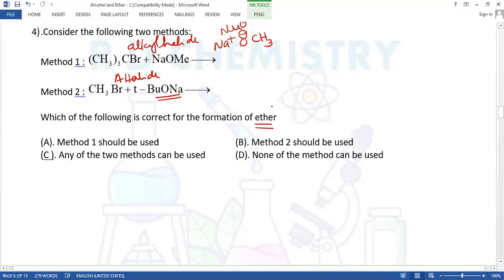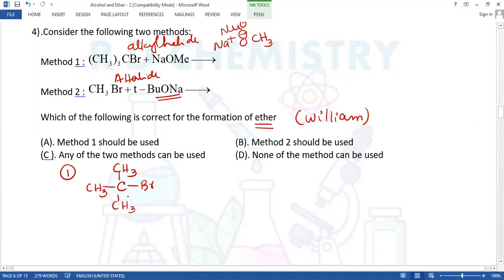Remember, whenever there is an alkyl halide and the sodium salt of an alcohol, the reaction is called Williamson's reaction, to form ether. So let me write the first method. The Br atom is attached to a carbon, and that carbon is in turn attached to 3 more carbon atoms in the form of CH3.